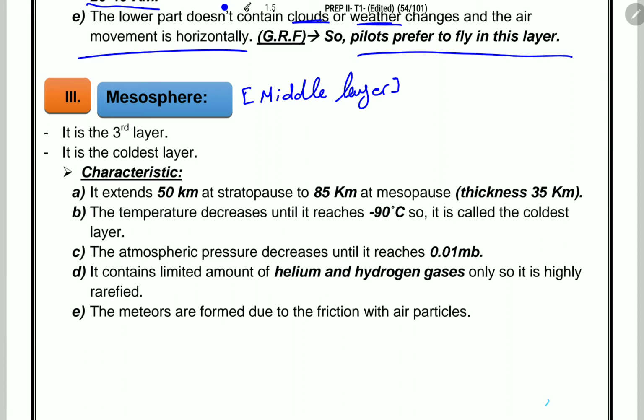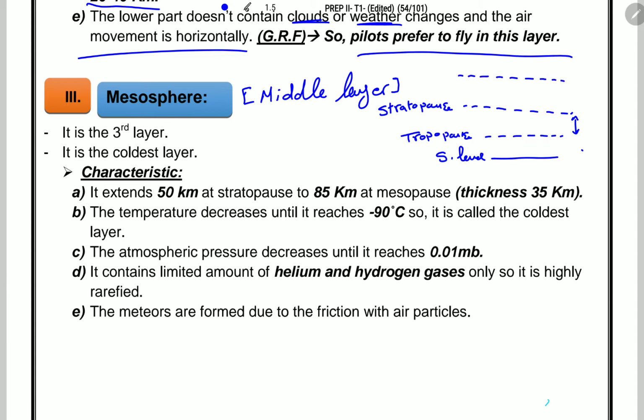If we say that this is the sea level, and here is the tropopause, this is the troposphere, and this is the stratopause. So this area is the stratosphere, and this dotted line is called the mesopause.